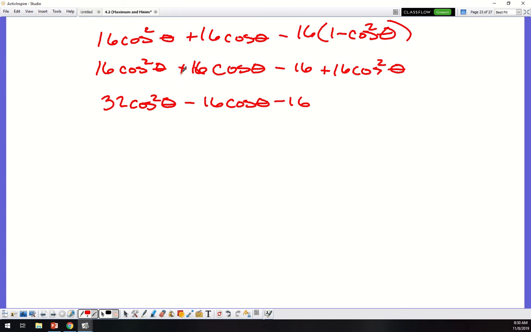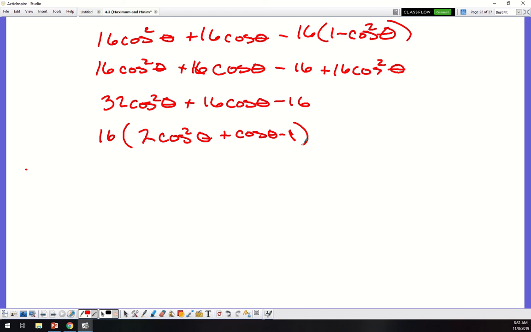Plus, you're right. Thank you. All right. Do they have a common factor? My common factor is what? 16. Let's take that out. Okay, so it's going to be 16 quantity 2 cosine squared theta plus cosine theta minus 1.